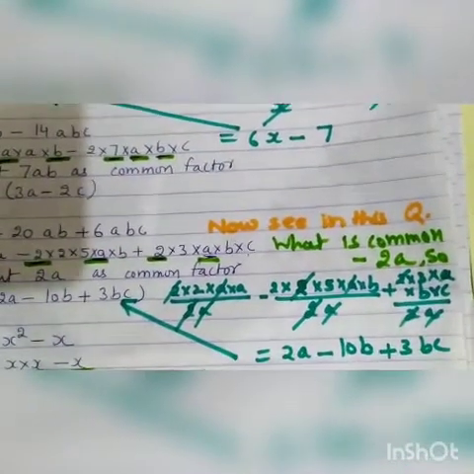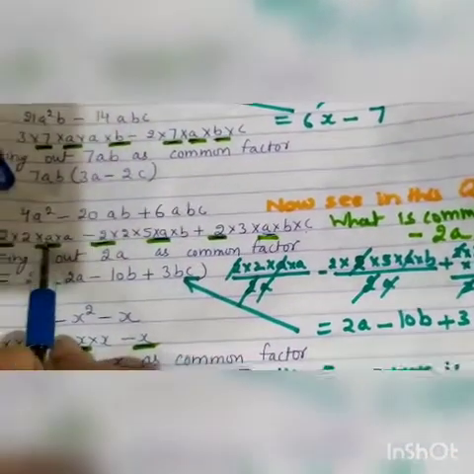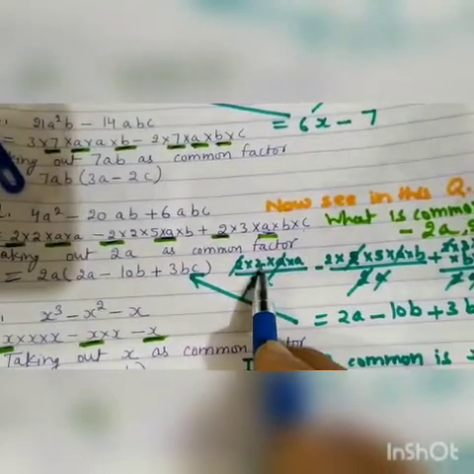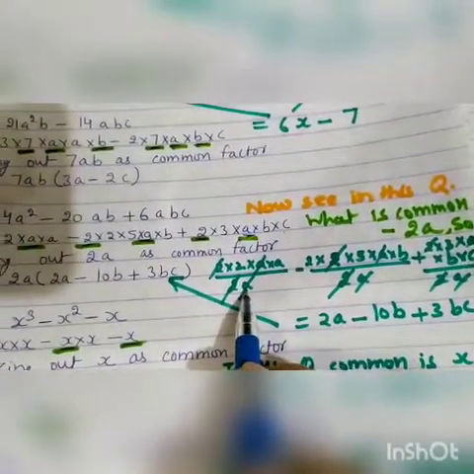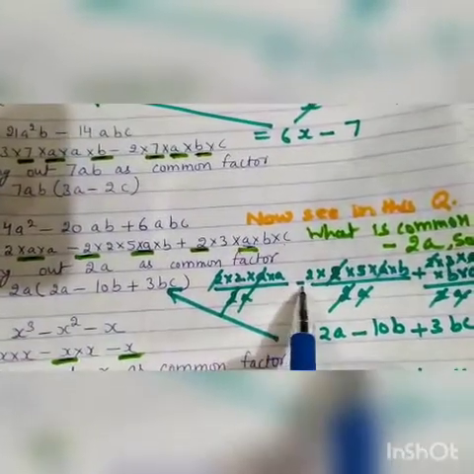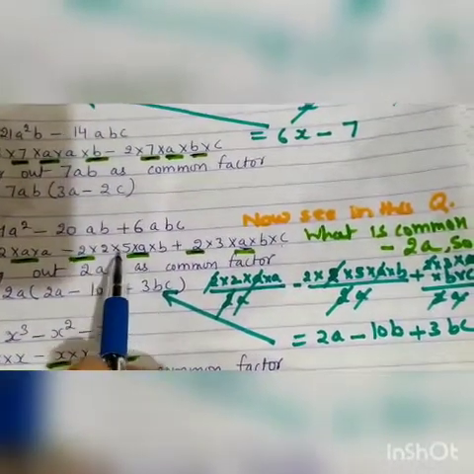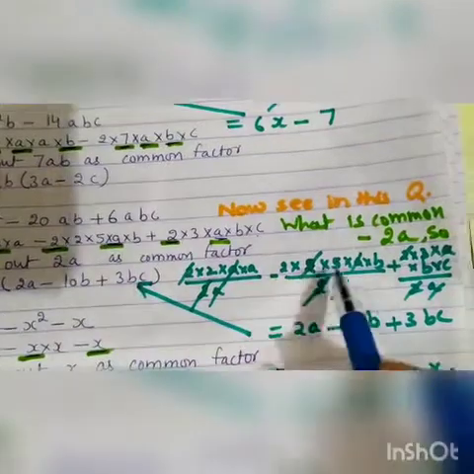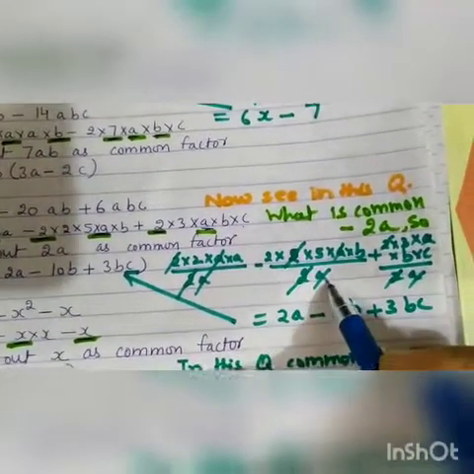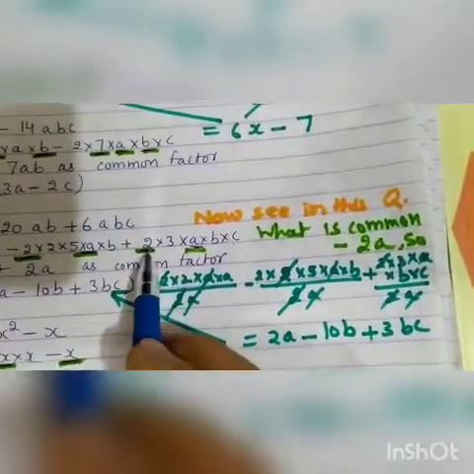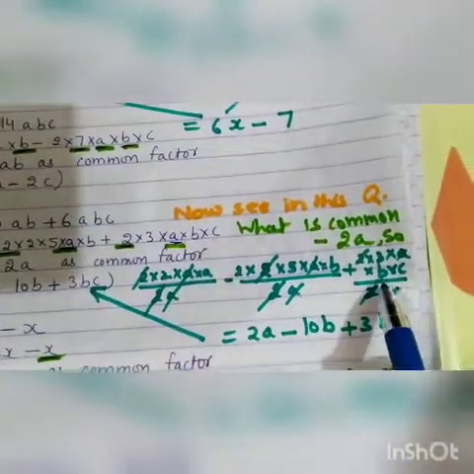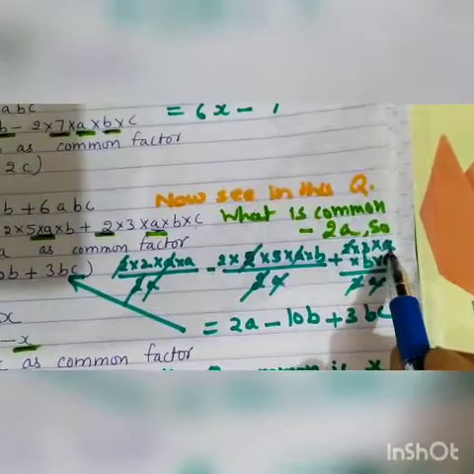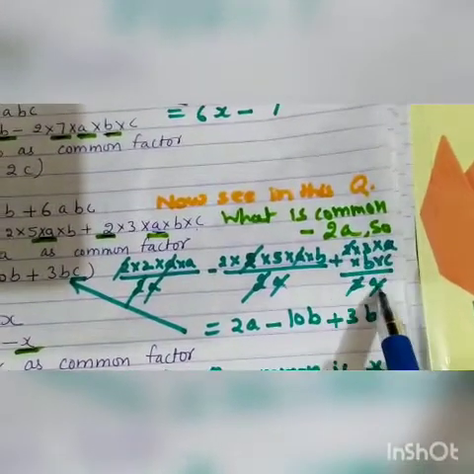So 2 multiply 2 multiply a multiply a upon this common factor 2a. Then minus 2 multiply 2 multiply 5 multiply a multiply b upon again the common factor. Then the third term is 2 multiply 3 multiply a multiply b multiply c upon 2a.